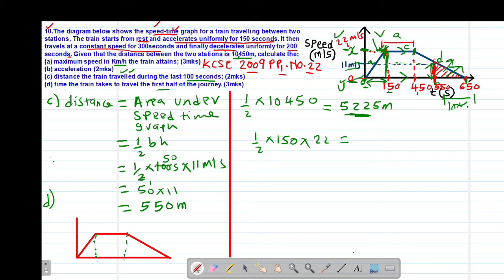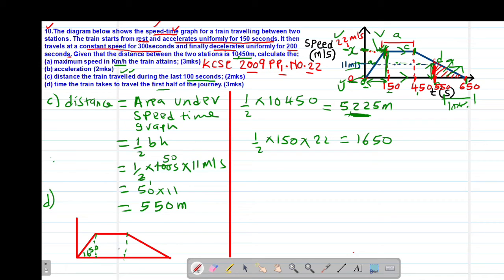A half multiplied by 150, then multiplied by 22, I'm going to get 1650. So the distance of this first part is 1650. But we want half of the journey, which is 5,225. So that means that distance is not in the first triangle.